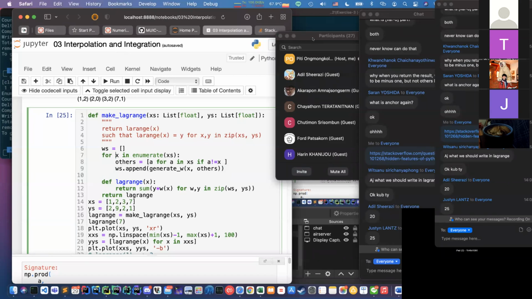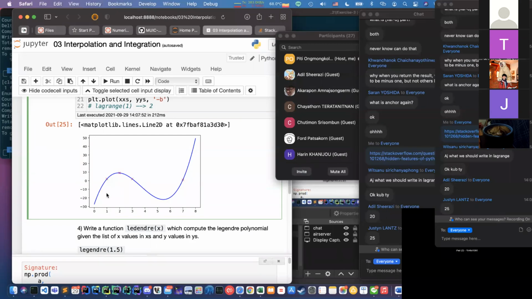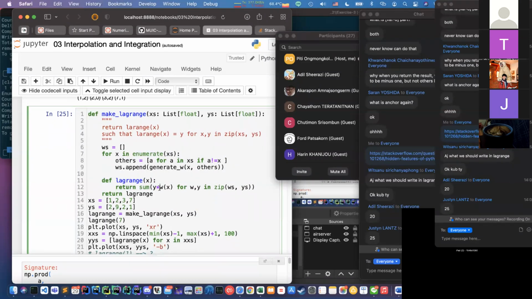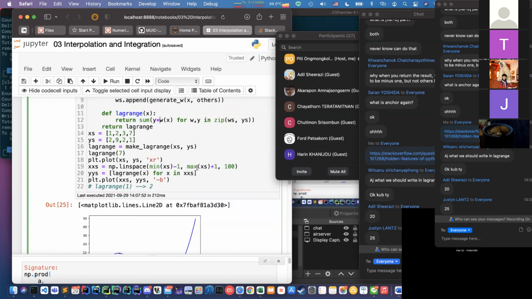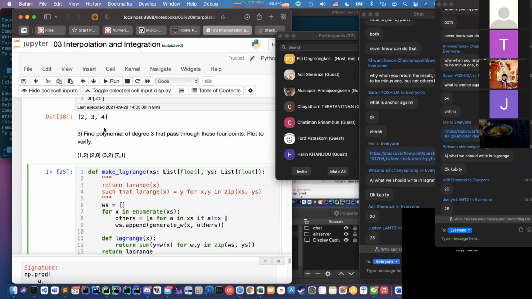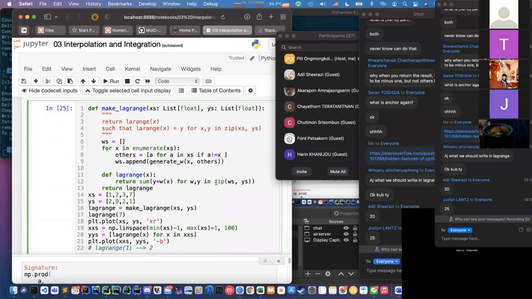I push the code, and if you're done, let me know. If you get this graph, let me know. I want you to try it yourself, and also read my code afterwards, so you see how to make it really compact and readable. We're not trying to write the most compact code, but the most readable code.